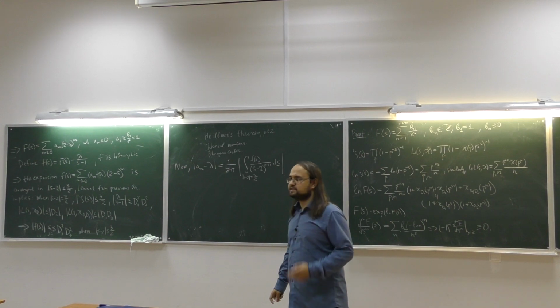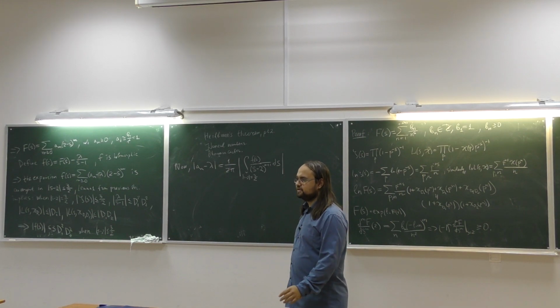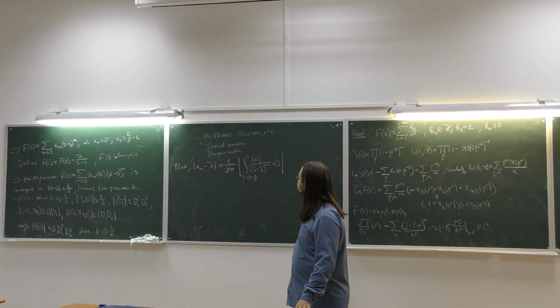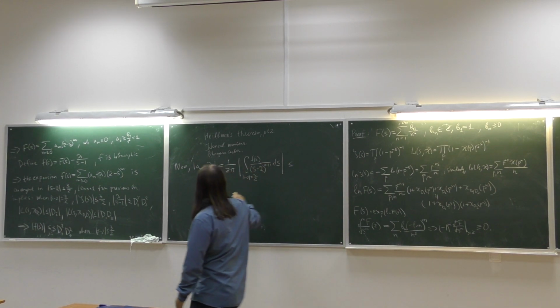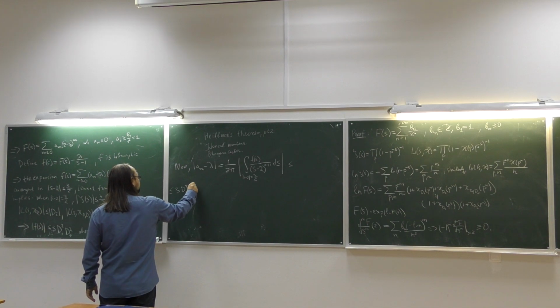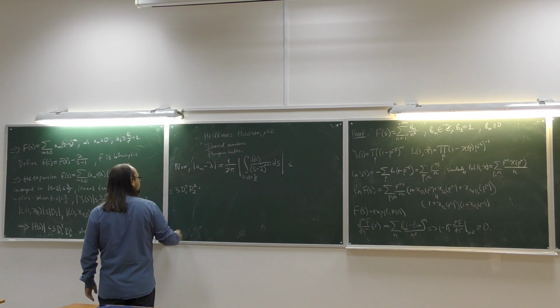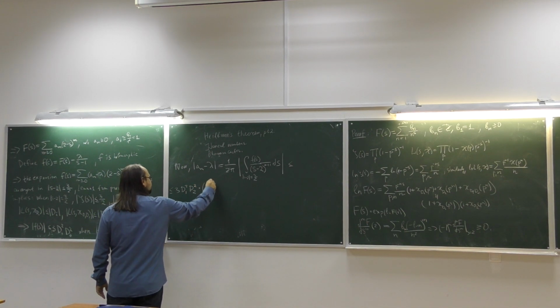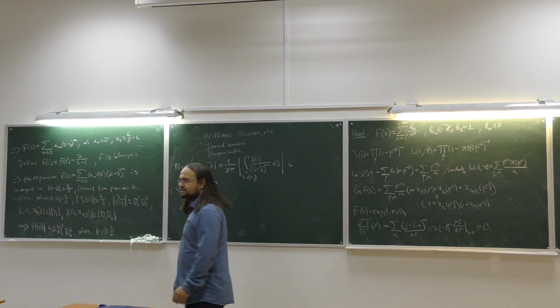Correct? This is the Cauchy formula. Now, what do we get? We get at most 3 d1 squared d2 squared multiplied by 2/3 to the m, right?